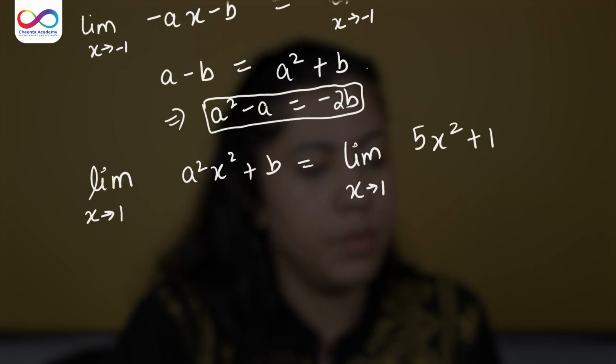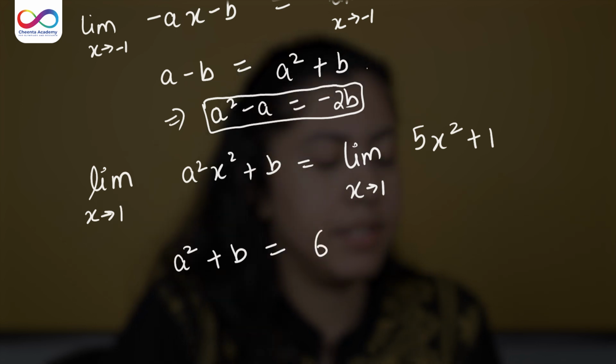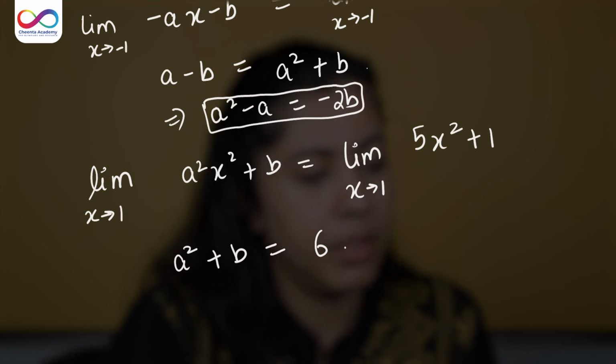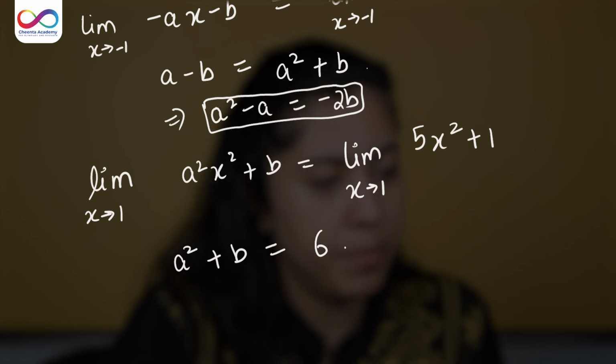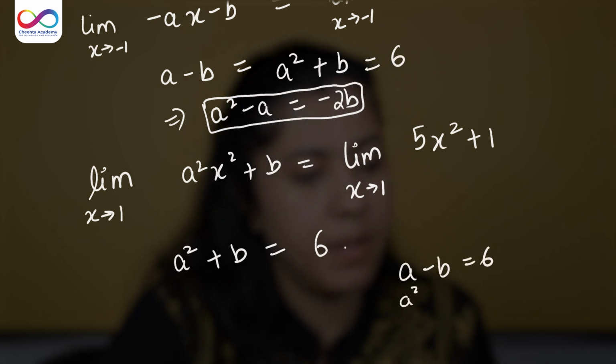Plugging in x equal to 1, we get a square plus b is equal to 5 plus 1, that is 6. That means a minus b is equal to 6 and a square plus b is equal to 6.